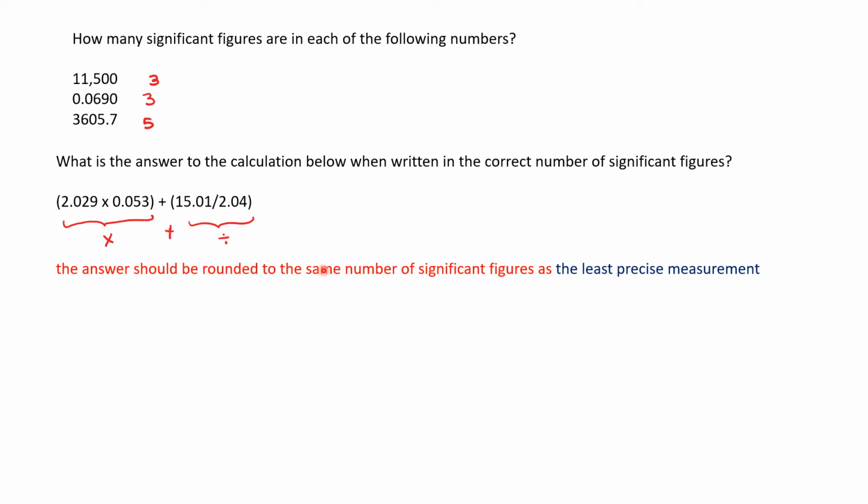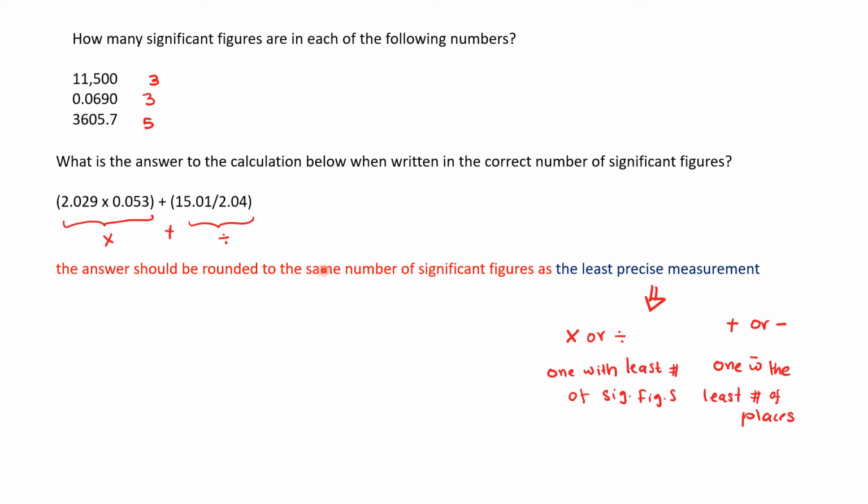Now you have to find the least precise measurement. How do you find the least precise measurement? If it is a multiplication or division, the least precise measurement is the one with the least number of significant figures.